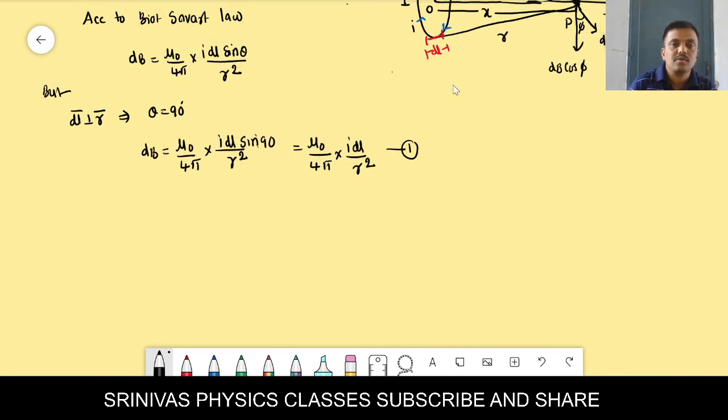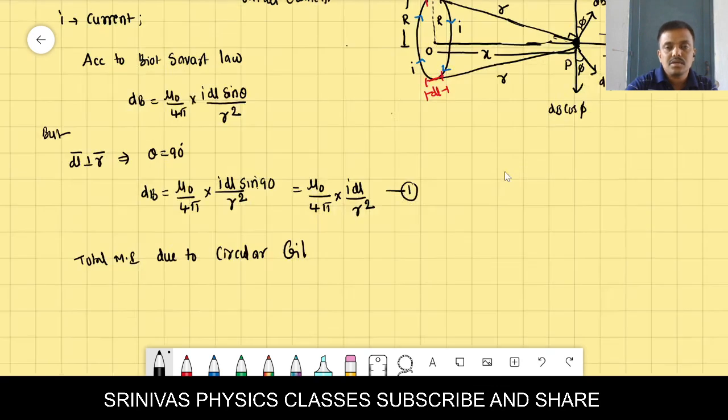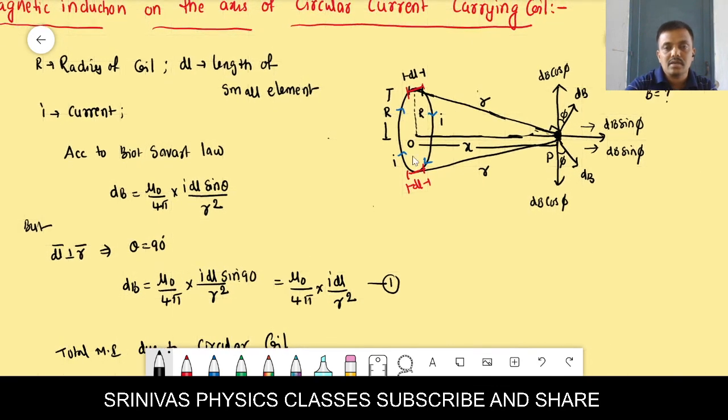Next, what we have to do? I want the total magnetic induction due to circular coil. If you want the total magnetic induction, you see here, the dB cos phi components are cancelled, and dB sin phi will be along the same direction.